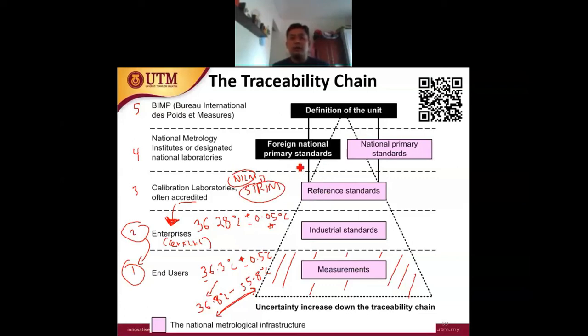And then there are national labs also in Malaysia. And then the national primary standard and the foreign national primary standard.